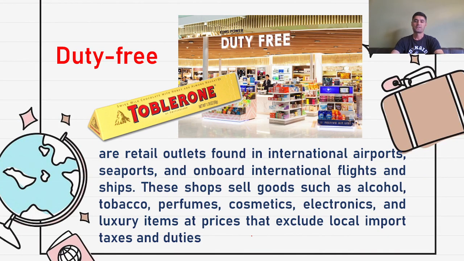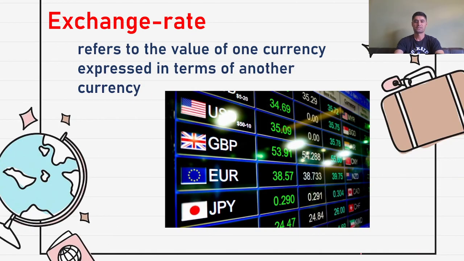These shops sell goods such as alcohol, tobacco, perfumes, cosmetics, electronics, and luxury items at prices that exclude local import taxes and duties. Exchange rate. So we talked about exchange rate a while ago. So here you can see the exchange rate of different currencies.